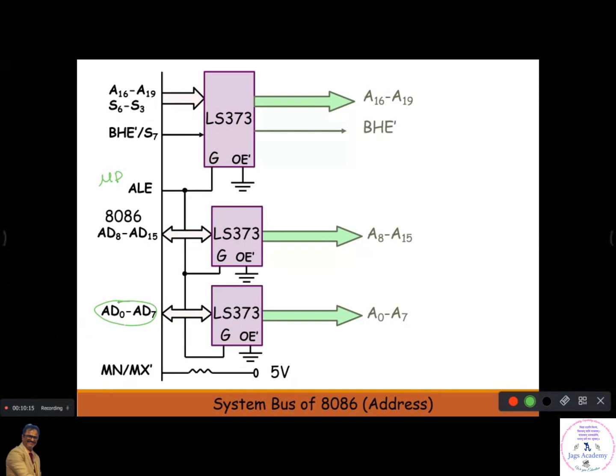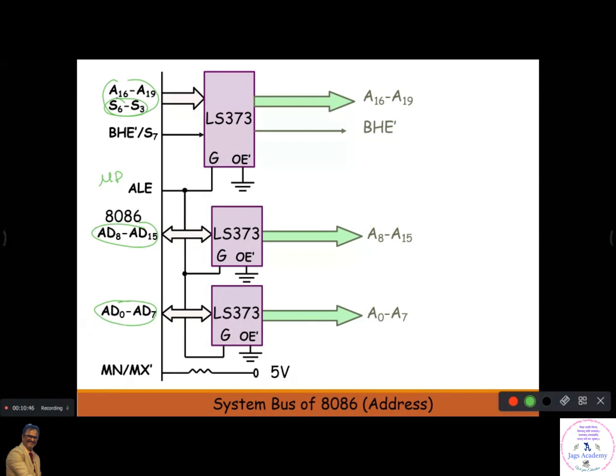How to do that? This is your microprocessor part. You have AD0 to AD7, the multiplexed address data lines; all lines together constitute a bus. It has address data lines AD0 to AD7 and AD8 to AD15, and the remaining address lines are also multiplexed with this.